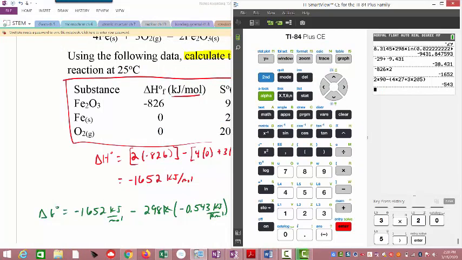So I've got negative 1652 minus 298 times negative 0.543. Oops, I never opened a parentheses, so I don't need to close them. And I got negative 1490.